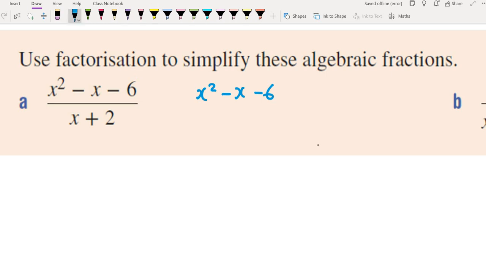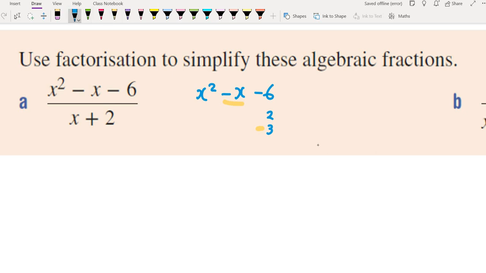So if we do 1 and 6, and then we make one of them negative, actually 1 and 6 is no good. Let's do 2 and 3. So 2 and 3 gives you 6, but it's a negative 6, so we want to make one of them negative. And we want to make 3 negative because we want them to add up to negative 1.